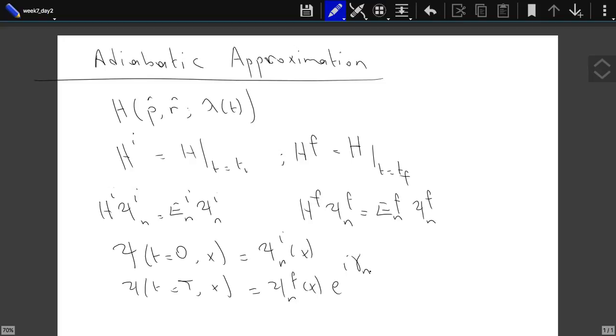So if you start with the nth state, nth excitation, then after this changing of the parameters, your system is now different, but nevertheless your state is still in the nth state. So if you start with the ground state of H_i, at the end of your time, you will be in the ground state of H_f, whatever that ground state is.